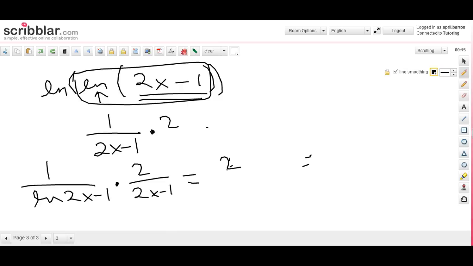If we simplify, we get 2 over 2x minus 1 times natural log of 2x minus 1. So it can be helpful to split it up to keep track of the little details, but it can also get confusing because there are so many little details.